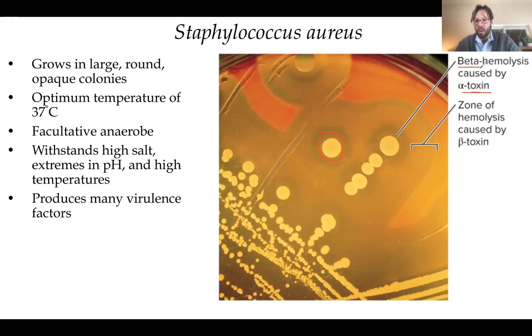But essentially, what that means is if you grow this Staph aureus on an agar plate that has blood in it, so it's a blood agar plate, just like the zones of inhibition where the antiseptics or the disinfectants exclude the growth of bacteria, what we see is a zone of hemolysis. So it's breaking down the hemoglobin in the plate. Where you see the bacteria, you see this zone around it because it's secreting that alpha toxin to break down the hemoglobin.